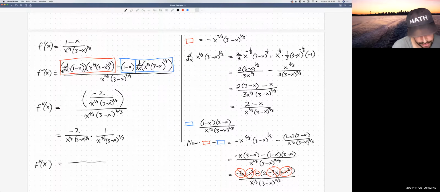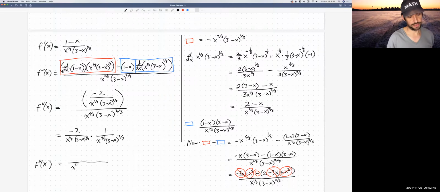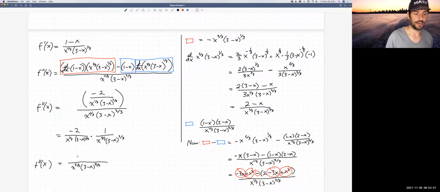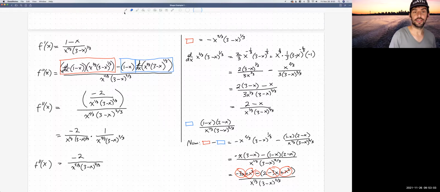So our denominator looks like, we got x to the 1/3 and x to the 4/3. So x to the 5/3 and 3 minus x to the 4/3. And in the numerator, all we've got is a negative 2. And there is our second derivative, right?